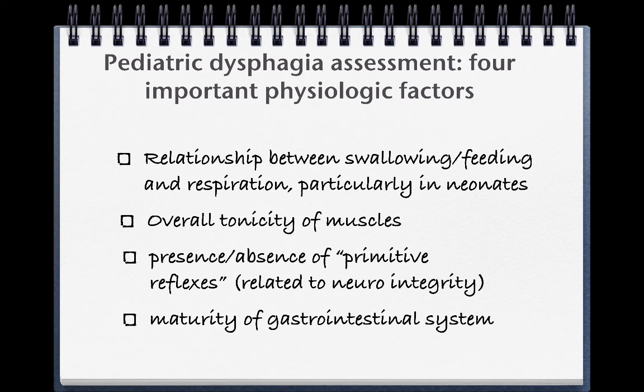The second topic has to do with the overall tonicity of the infant's muscular system. Now, tonicity here is used in the sense of how much inherent tone is there in muscles of the body, even at rest.